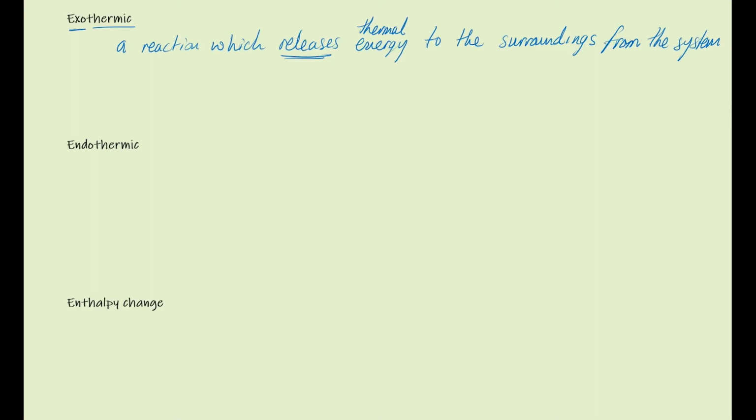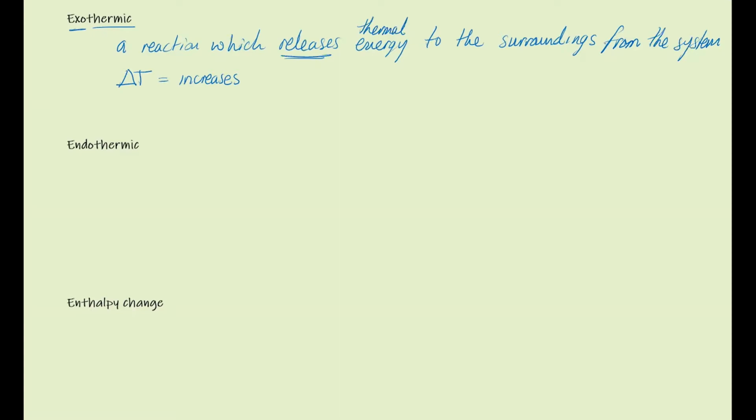Another few things that we need to remember about this definition is that the change in temperature for an exothermic reaction is always going to go up. So my thermometer will detect energy being released, and therefore the temperature will increase. A lot of students mix that up.